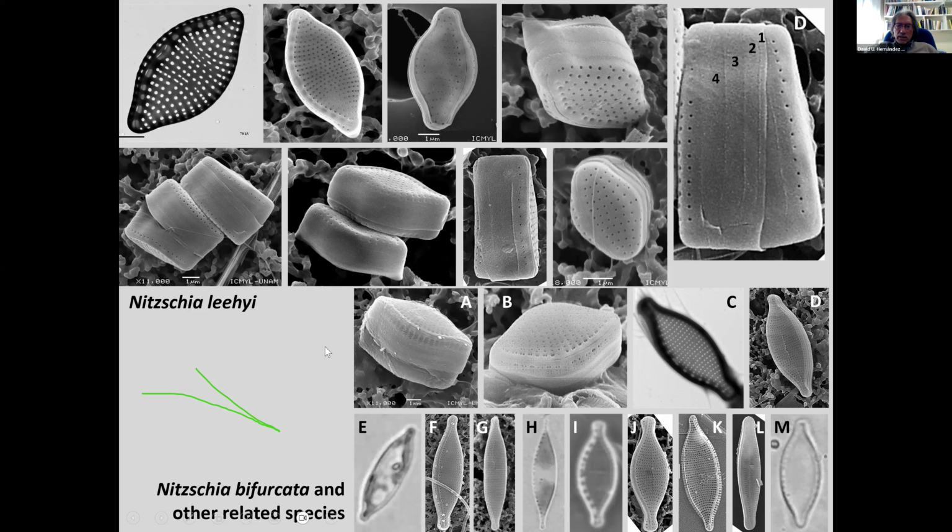In bifurcata, the stria originally can be just one row of poroids per stria, and at the end, this single row becomes double, with double rows of poroids. So you can see the variability of different species of Nitzschia, which are common in the tropical and subtropical waters of the Mexican Pacific Ocean.